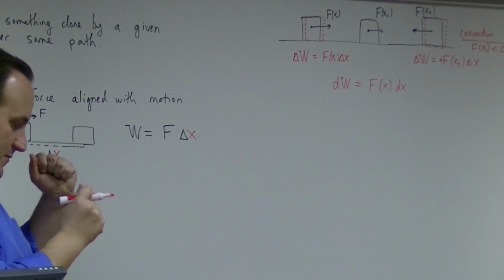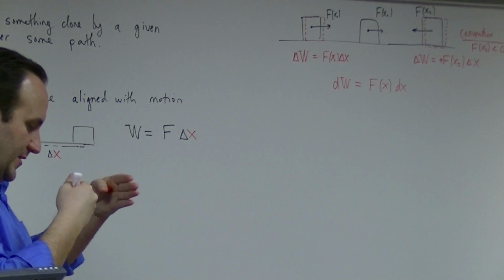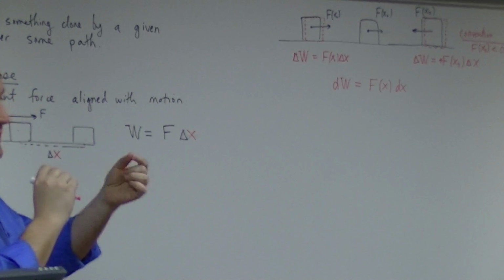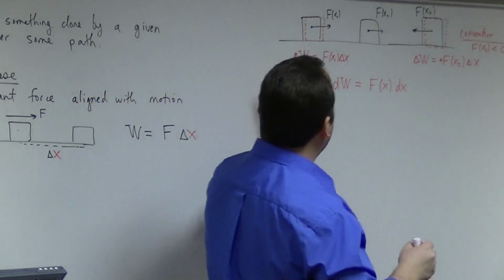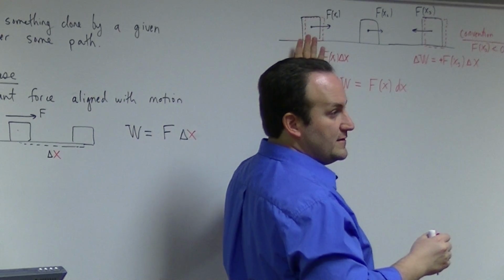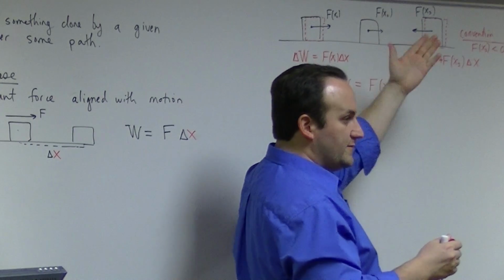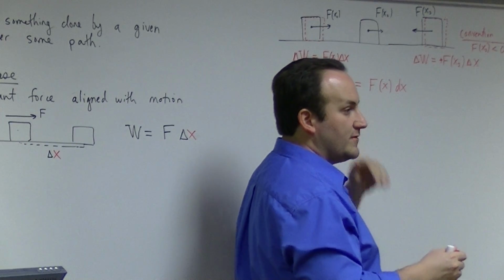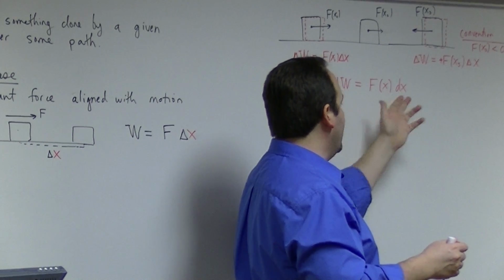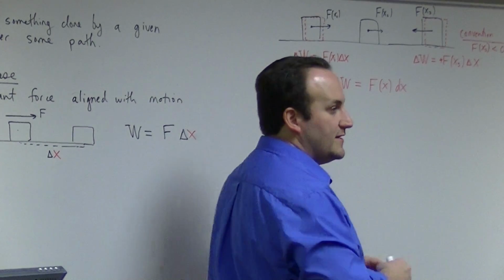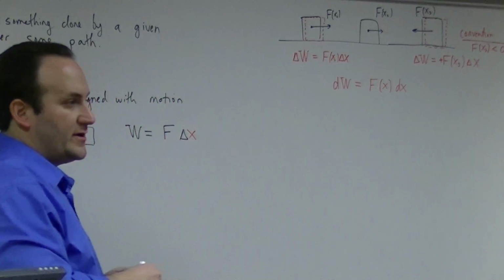Because if you think about a very, very small displacement, the force is approximately constant. I can't just say it's the force times the distance because I don't know which force to pick. The force at x1, the force at x2, the force at x3, it's varying. But what I can say is that the little bit of work done from that little dx is just f of x dx. And then how do I find the total work in such a situation?